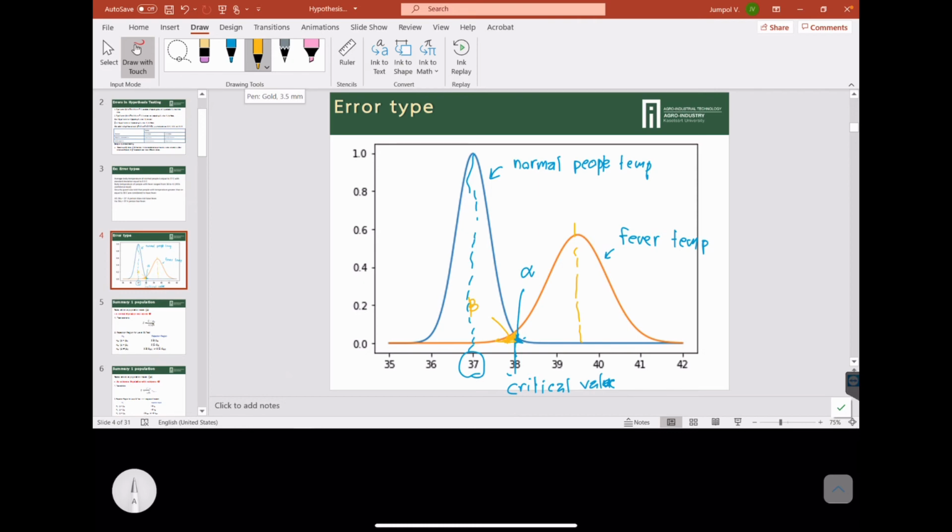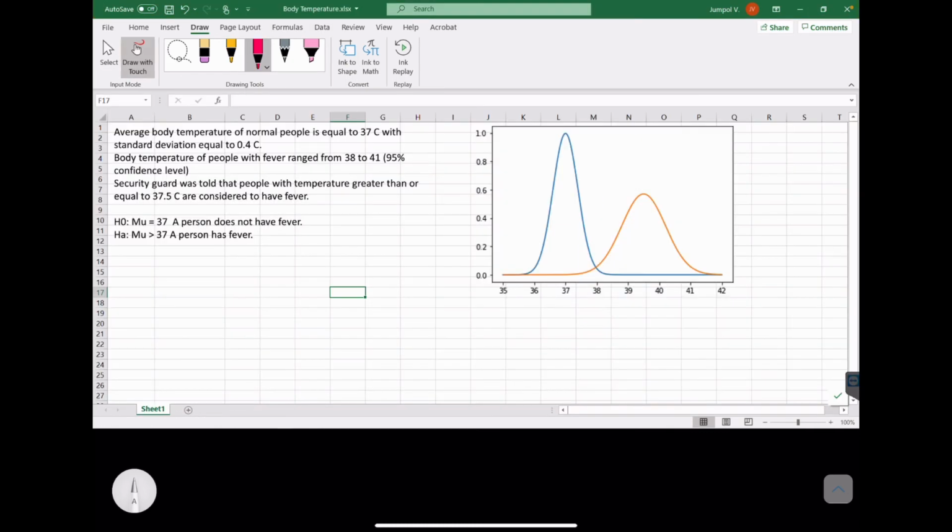Alright, so let's go to the Excel. Try to calculate the value of alpha and beta. What is the value of alpha? Alpha is gonna be what? NORM.DIST, right?